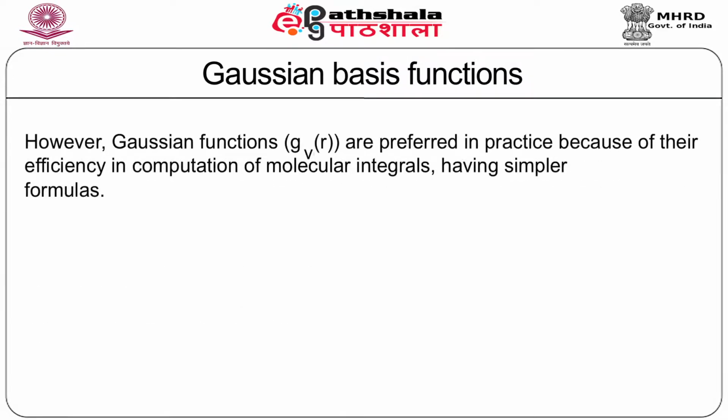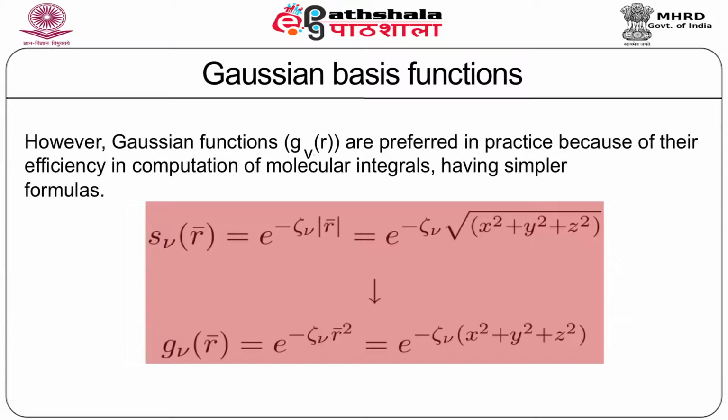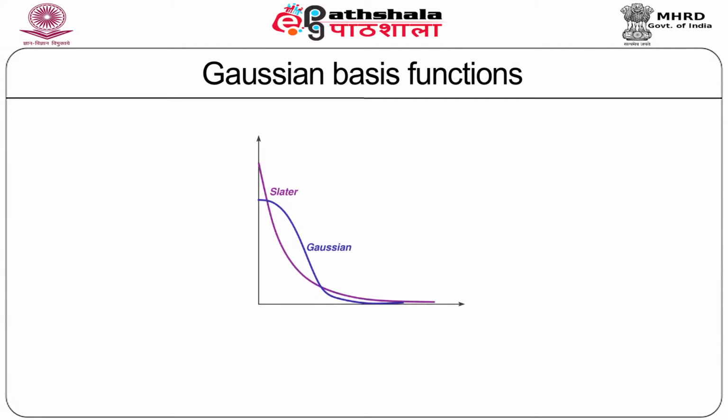However, Gaussian functions, shown as g nu r, are preferred in practice because of their efficiency in computation of molecular integrals, having simpler formulas. The mathematical forms of the Slater type orbitals and Gaussian functions are shown here. This plot shows the schematic diagram of the Slater type one and the Gaussian one.